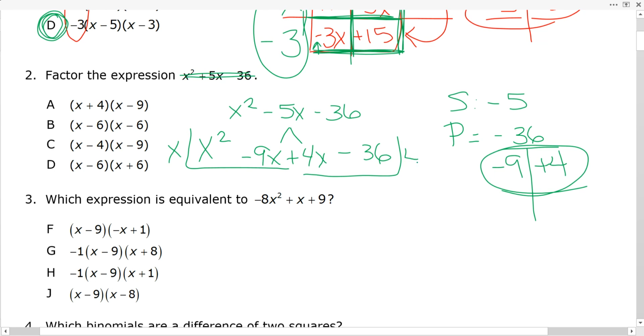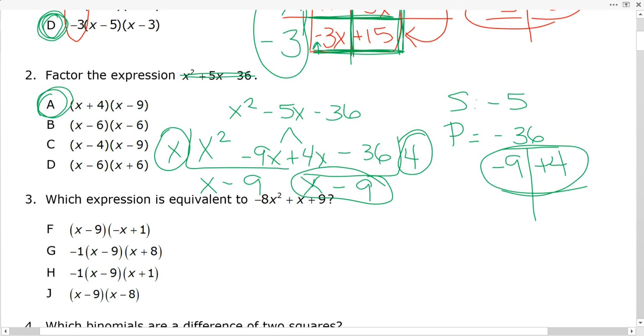For the right side, it's going to be 4. And when I divide by x, I'm going to end up with x minus 9. And on the other side, I'm going to end up with x minus 9, which is what I want to have happen. So x plus 4 is one of my terms, and x minus 9 is my other term. So my answer is A.